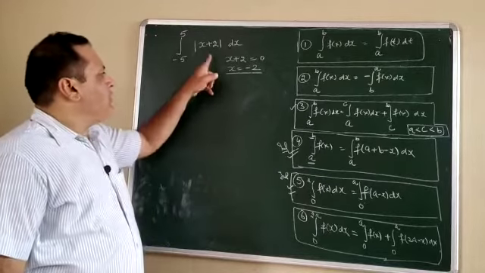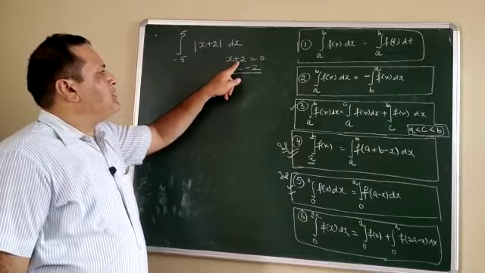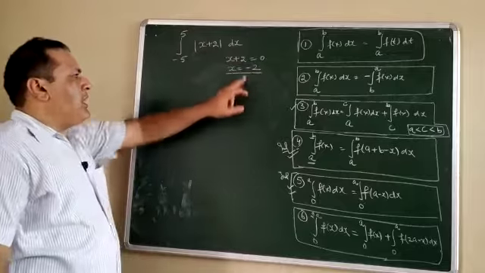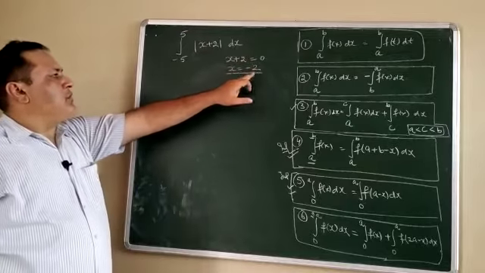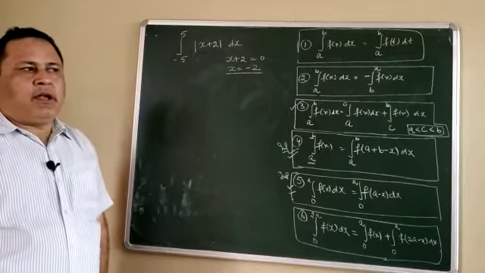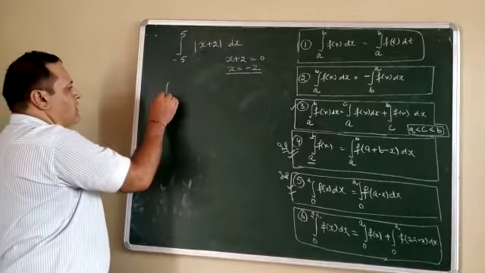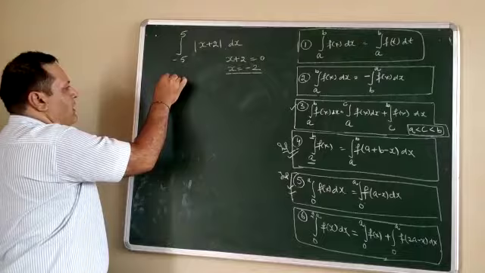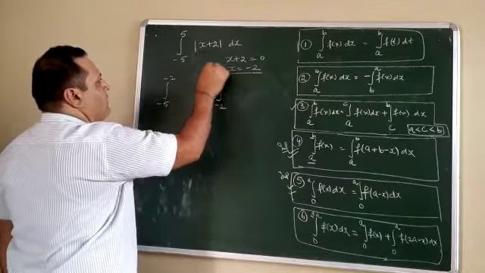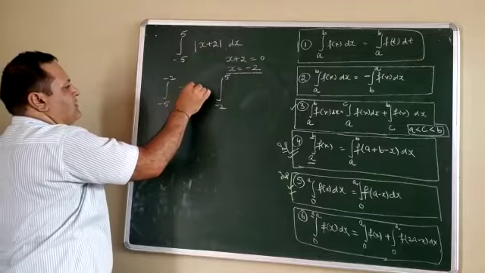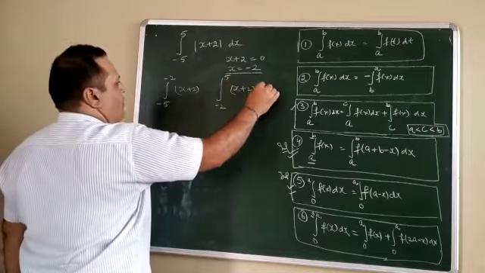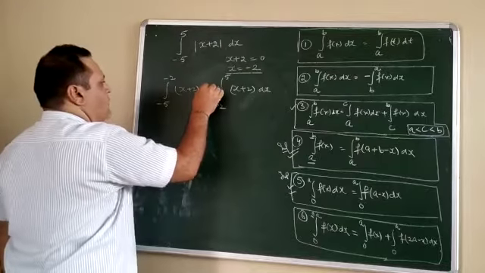Now if you observe in this statement, when we keep x plus 2 equal to 0, then x is equal to minus 2. This minus 2 lies in between this interval. So our function can be broken into this format. The first interval is minus 5 to minus 2 and the second interval is minus 2 to 5, and your function is x plus 2 along with dx.